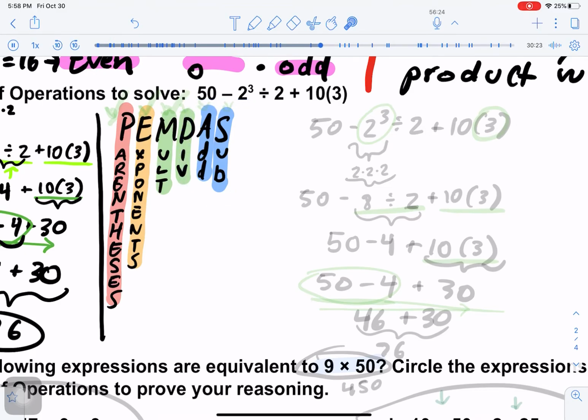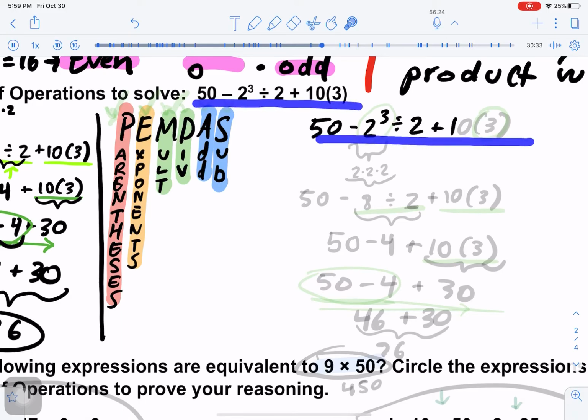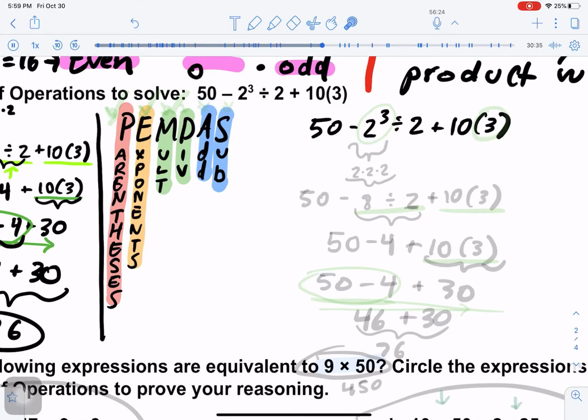Okay? So I'm going to write my expression here. 50 minus 2 cubed divided by 2 plus 10 times 3. I'm going to go ahead and look for anything in parentheses. Like I said, this has already been solved for, so I really don't have to worry about it. I know I'm done with parentheses. I can move on to exponents.